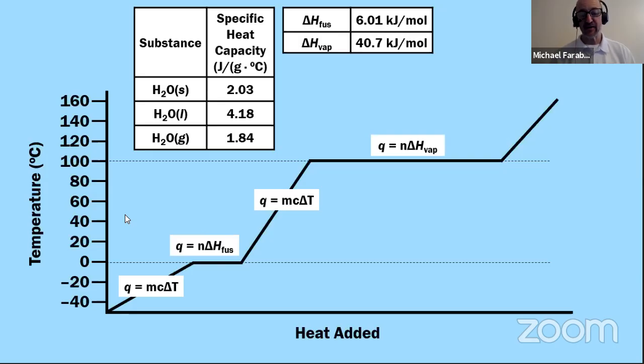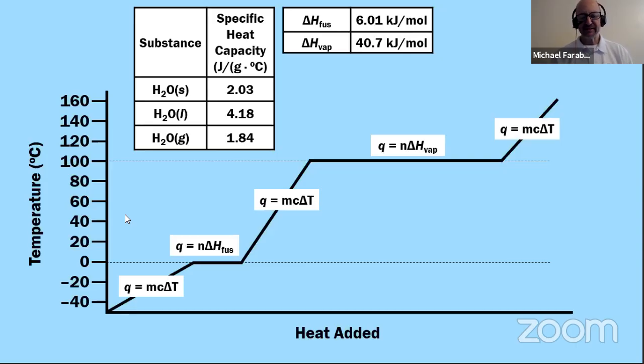It takes more energy to evaporate the liquid than to melt it. So what I'm showing you for calculations along the flat regions is not mc delta T, but rather n, the number of moles, multiplied by the delta H for that phase change. So the units are typically kilojoules per mole for the enthalpy of a phase change. Multiplying by the moles will give you kilojoules.